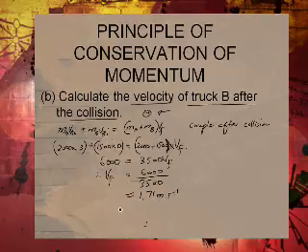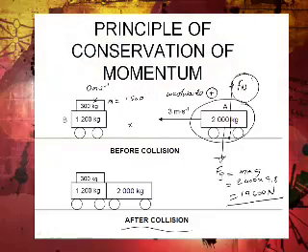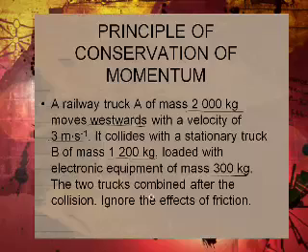It is positive, so it means to the west, because we have taken west to be positive. So that will be V final. This is V final for both A and B, because they couple together after collision, we are told here. The two trucks combine after collision, so they share the same velocity.